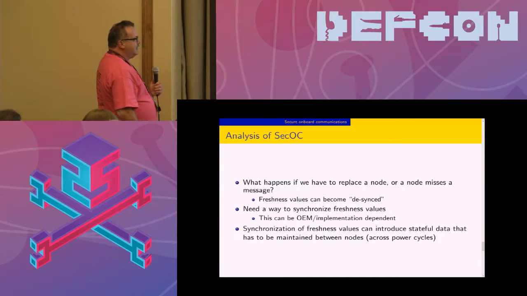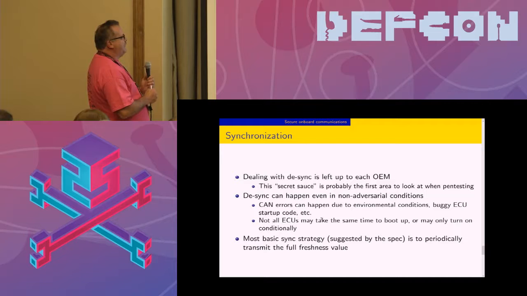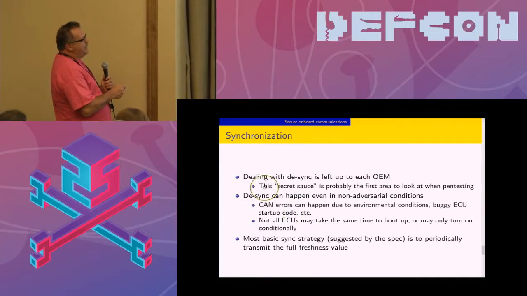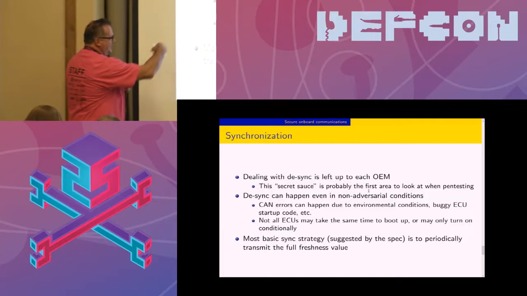Okay. So that actually turns out to be a pretty fair way for us to try to get in there. So the secret sauce, when you're doing your pen testing, trying to find the secret sauce: how are the ECUs resynchronizing their freshness counters? That's a good place to look, okay? And I already talked about how desyncing can possibly happen.